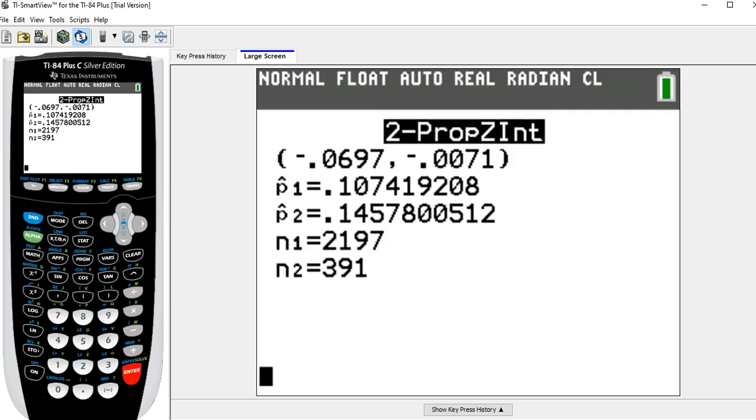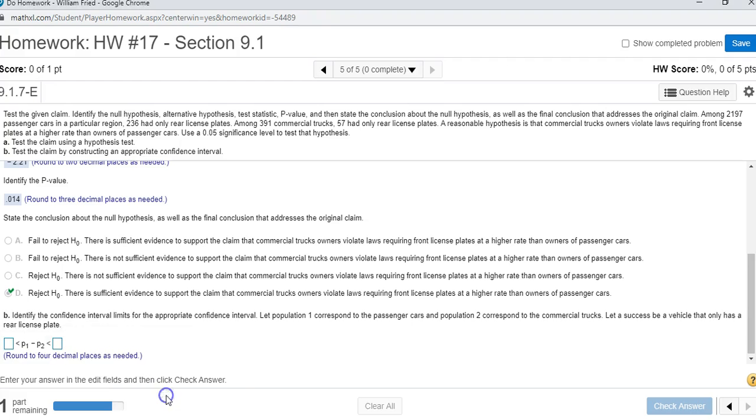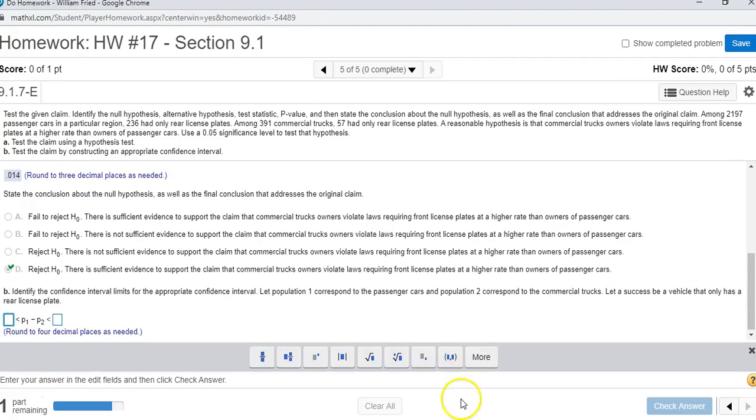If I go back to the homework question, they want 4 decimal places. So this is negative 0.0697, and the upper one was negative 0.0071. Let's check that.